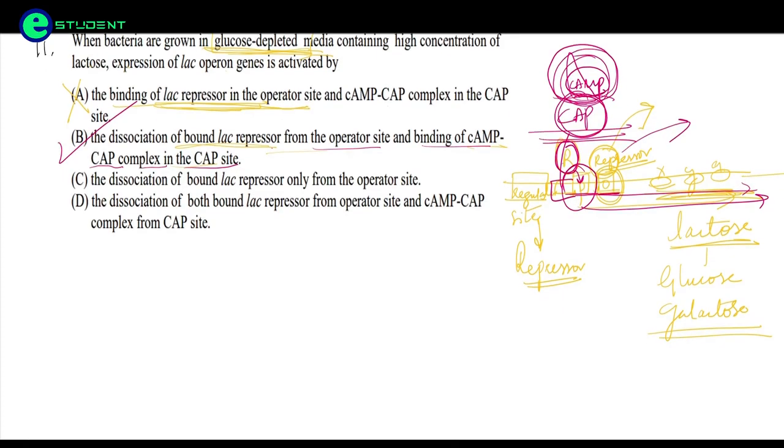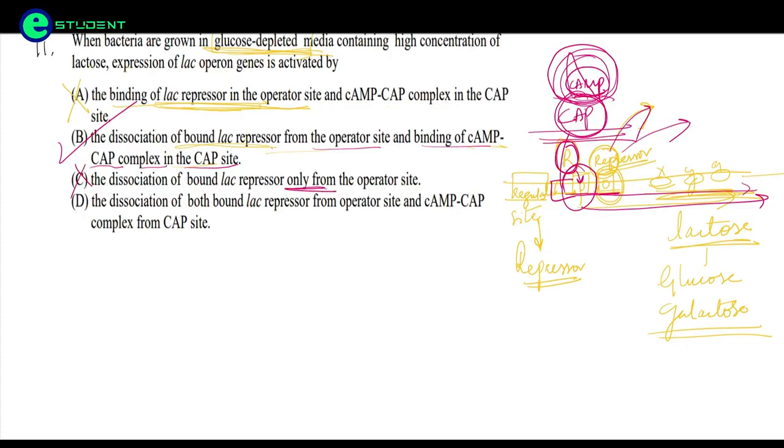Next options also, let us see. The dissociation of bound lac repressor only from the operator site. Okay, only from the operator site. No, because this has to be removed, but here we must also include that cAMP has to bind to the CAP complex. Only this is mentioned here, so this is a wrong option.